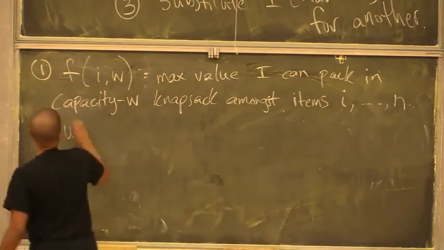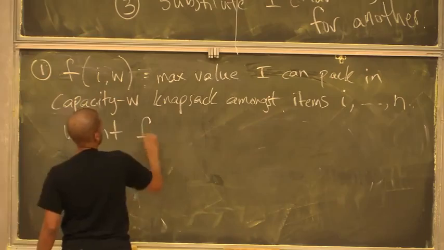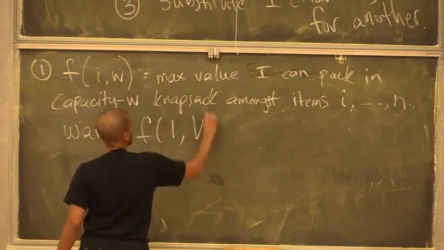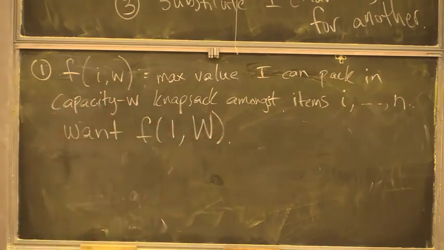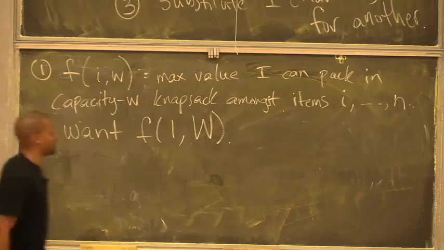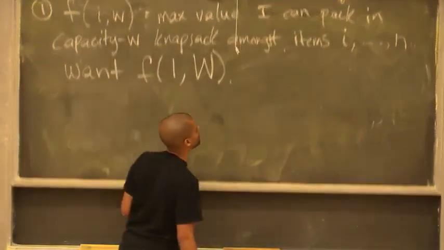And what do I want? I want f of 1, capital W. Because I'm allowed to pack items from 1 onward, that's everything. And my initial capacity is capital W, that's the input.